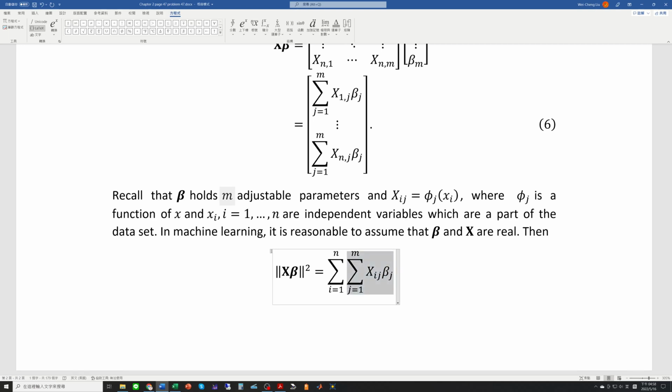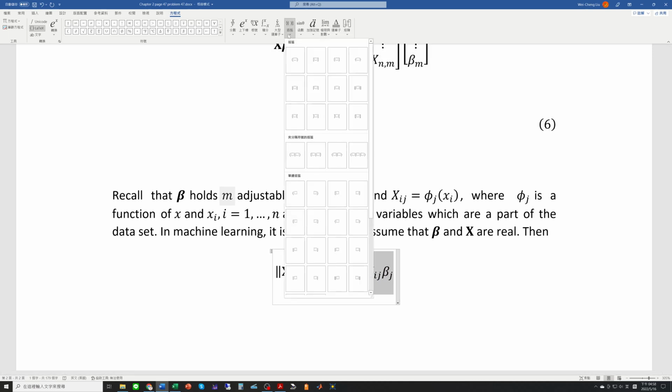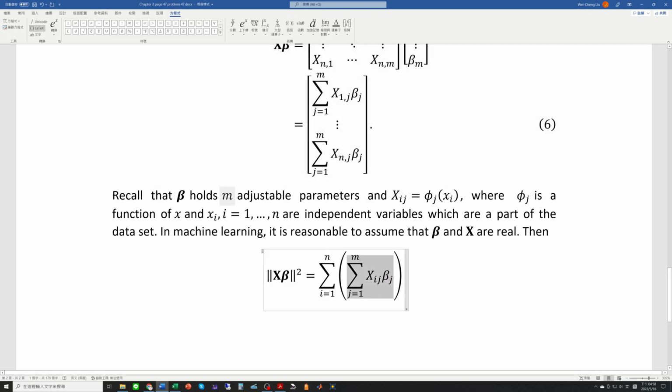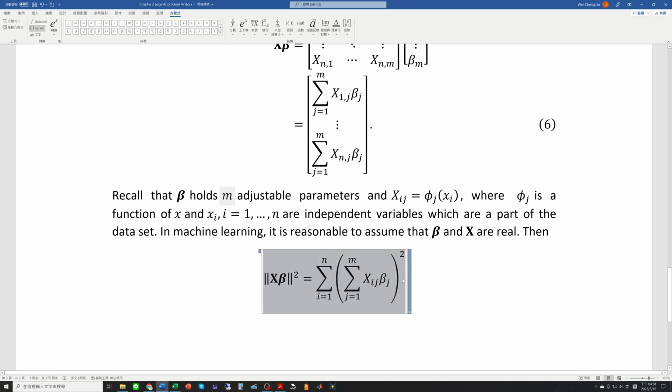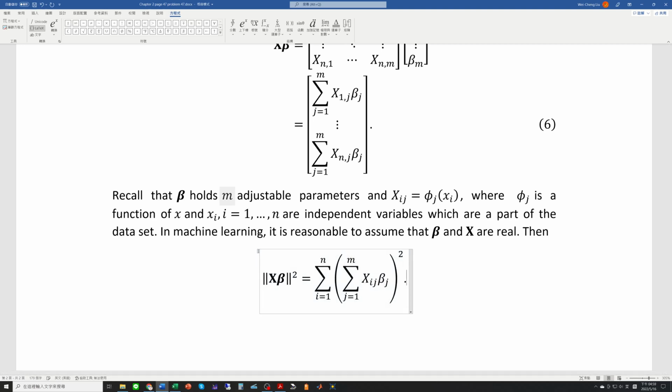And let us put it into a pair of parentheses and square. It is equation 7.